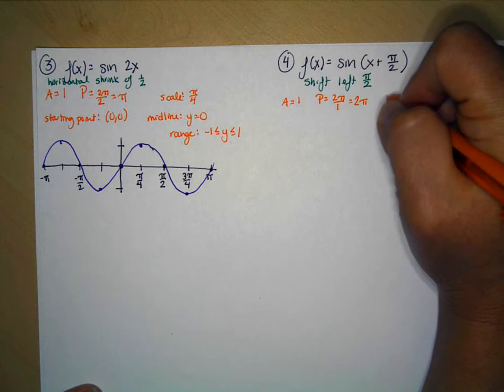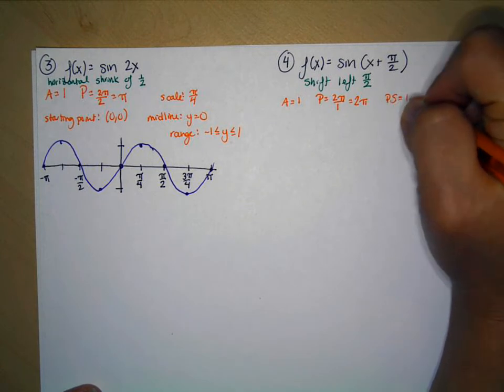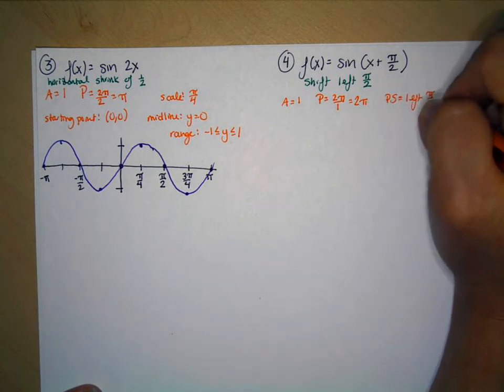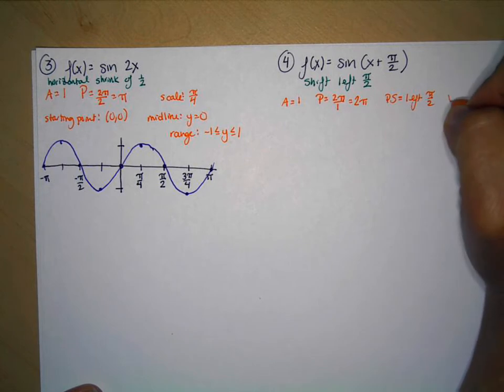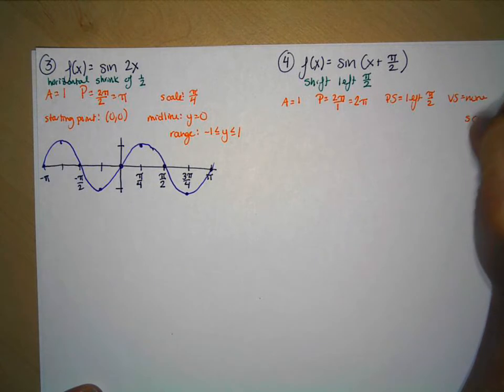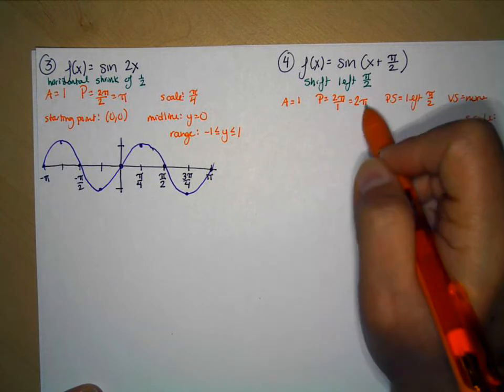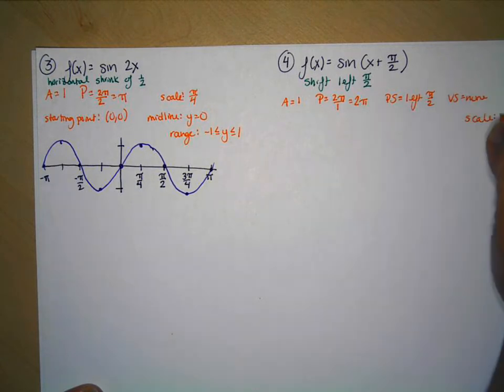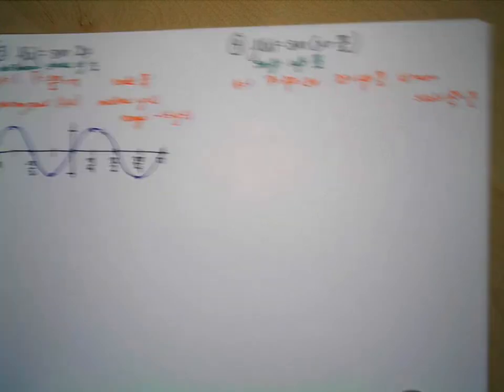We have a phase shift, left pi over 2, and no vertical shift. Our scale, take your period 2 pi and divide it by 4, which we saw earlier, that's the same as pi over 2. Sorry, a little bit off the screen there.